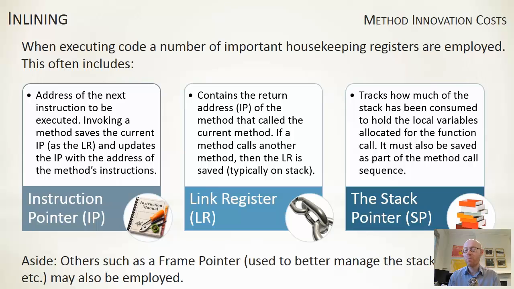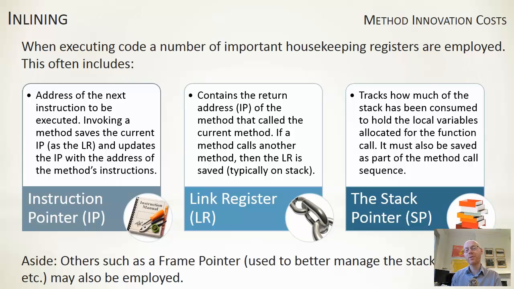So the instruction pointer enables us to know which bit of code we are executing. When we call a method, we have to remember that instruction pointer, and that's done quite often using the link register. We then have to update the instruction pointer so that it points to the executable code associated with that method. The link register, then, is the bit in the middle.